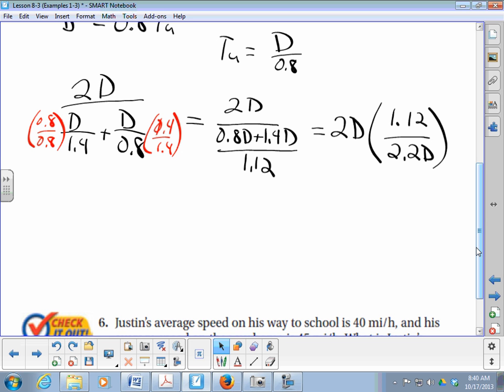I've got a D in the numerator and a D in the denominator, so the D's are going to cancel out, and all I have to do is that simple multiplication with my calculator because I don't like decimals.